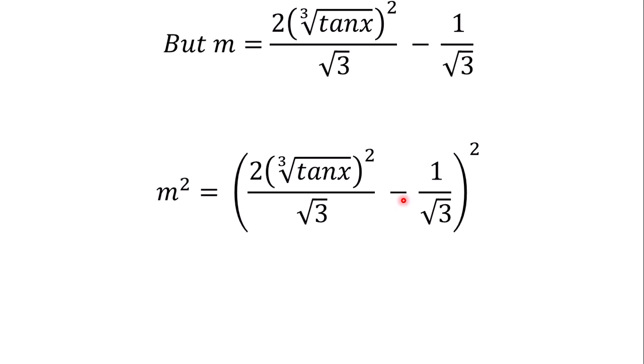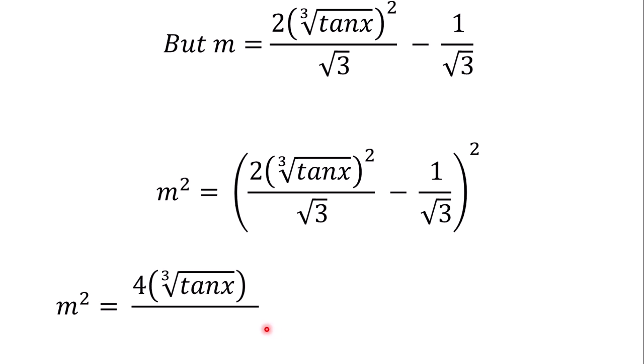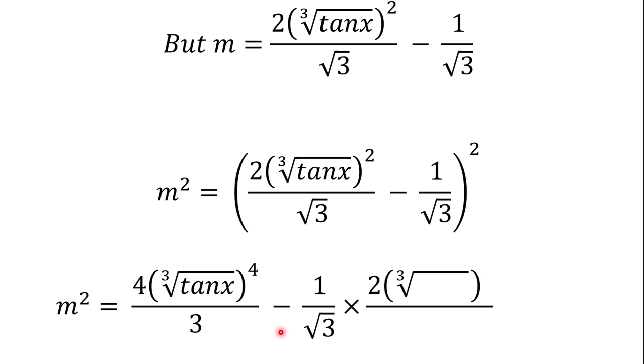Now the expression is minus, so it will be a squared minus 2ab, then we take the whole of this, then we square, plus b squared. Good. So this will just give us 1 over 3. 1 over 3. So m squared is equal to, so this is what I was saying, as we are seeing here.